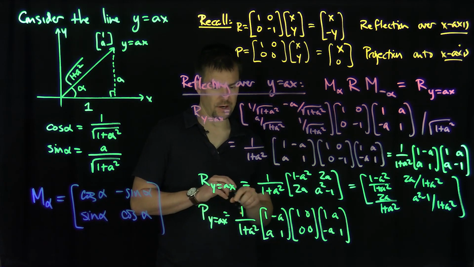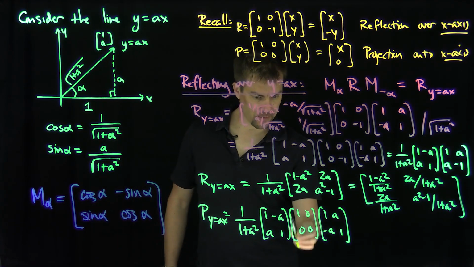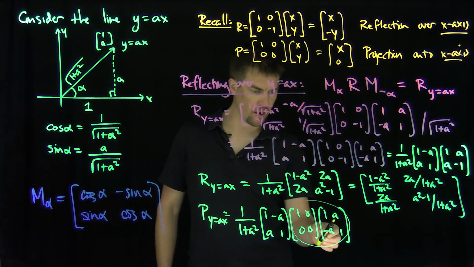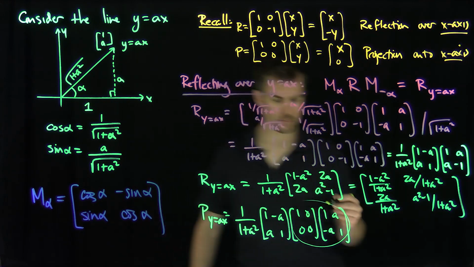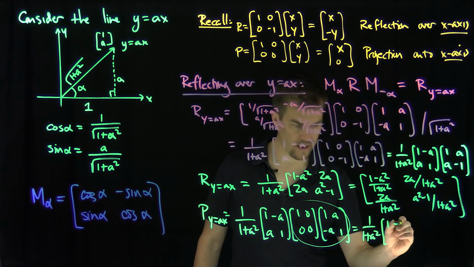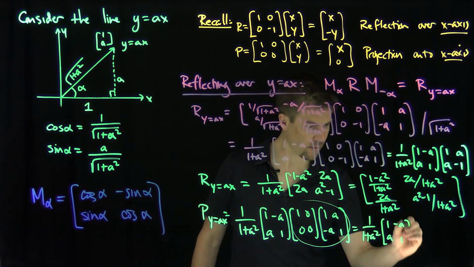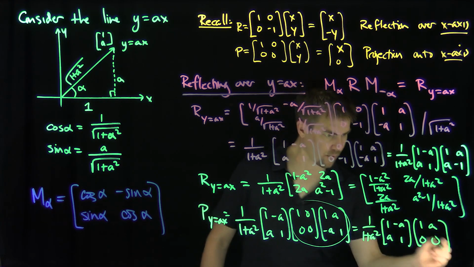And so what's going to happen is that this is going to turn into what? What will this matrix product be? This is going to be 1, then a, then 0, then 0. Then 1, negative a, 1, and then 1, a, and then 0, 0. So let's see what we get.